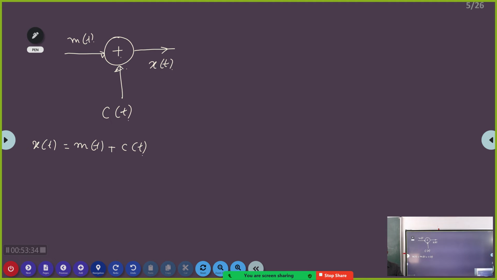Then you will pass it through a circuit which is going to square. There is something called a square law device or square law circuit. What it does is it squares this signal. Just like how you do mathematics, the circuitry itself can do the squaring operation.